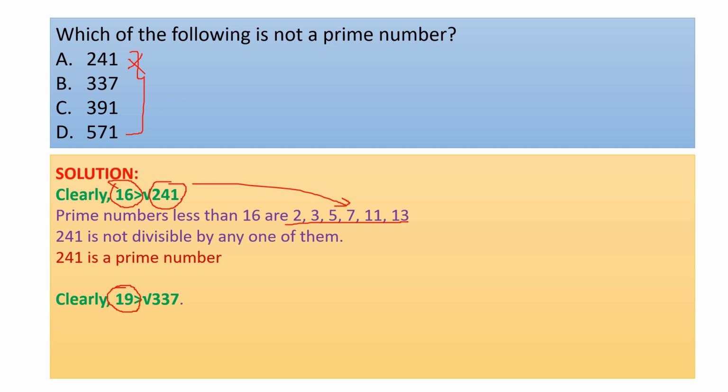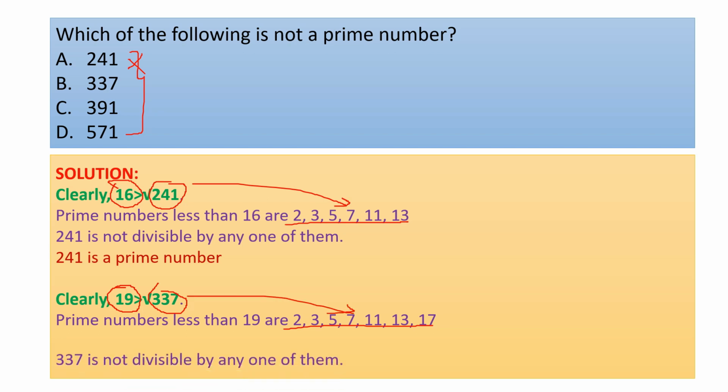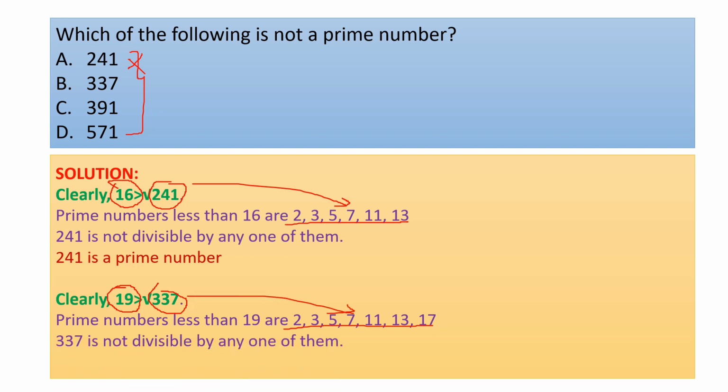Then we list the prime numbers less than 19: 2, 3, 5, 7, 11, 13 and 17. Then we find whether 337 is divisible by any of them. 337 is not divisible by any of these prime numbers, so it is a prime number. So option B is also not correct.